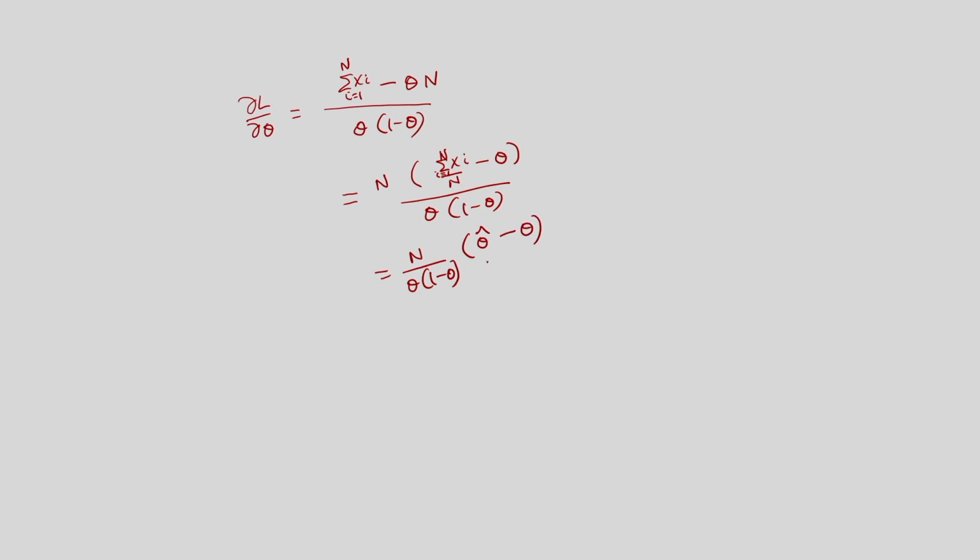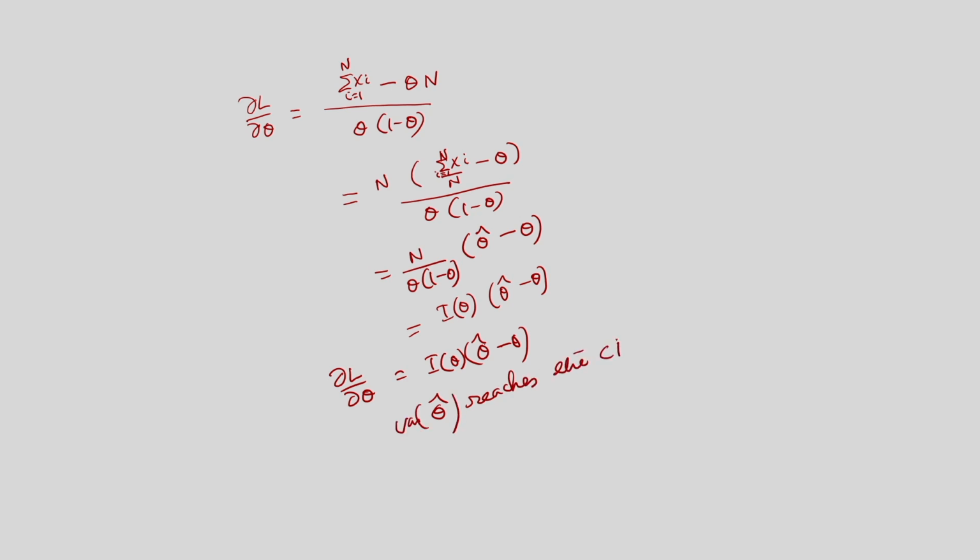So, therefore, we see that the equality condition is satisfied, and this quantity is I theta into theta hat minus theta. So, del L del theta is equal to I theta into theta hat minus theta. Therefore, the variance of theta hat reaches the CRLB. So, that way we prove this result.